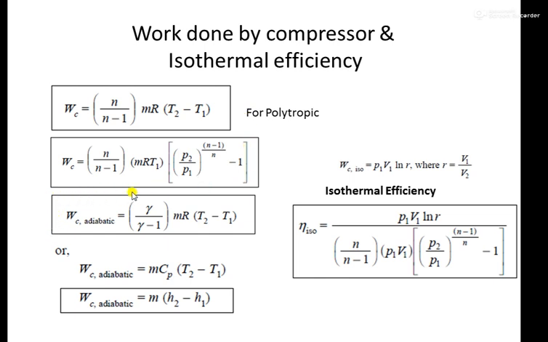And if the process is considered to be adiabatic, this will be the expression, that is, now the n will be replaced with gamma, the adiabatic index. So it will be gamma by gamma minus 1 m R (T2 minus T1), right?